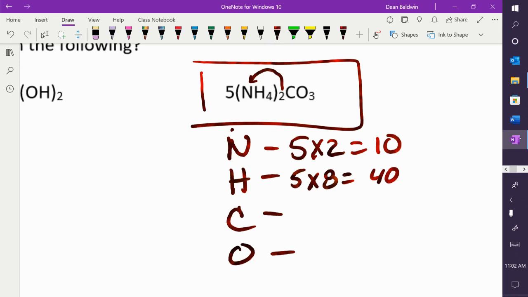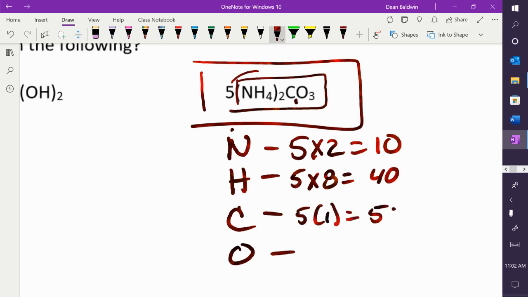You have 5 because it has a subscript of 1. There's no coefficient except for the 5. The 5 applies to the whole thing, so it's 5 times 1, which is just 5 carbons. And then oxygen, 15, because you have 3 in the carbonate, and you have 5 molecules here. So 5 times 3 is 15.